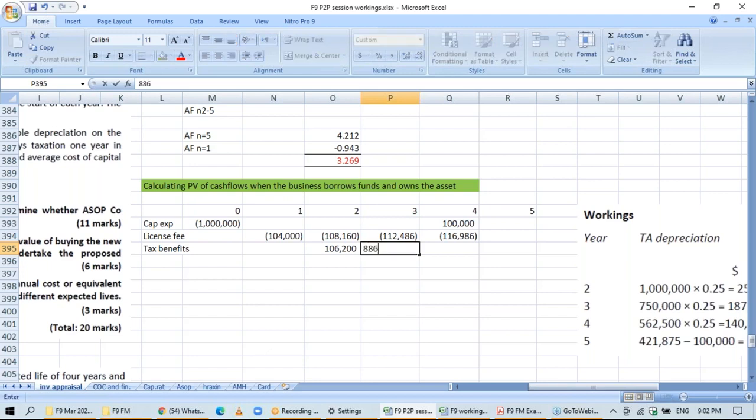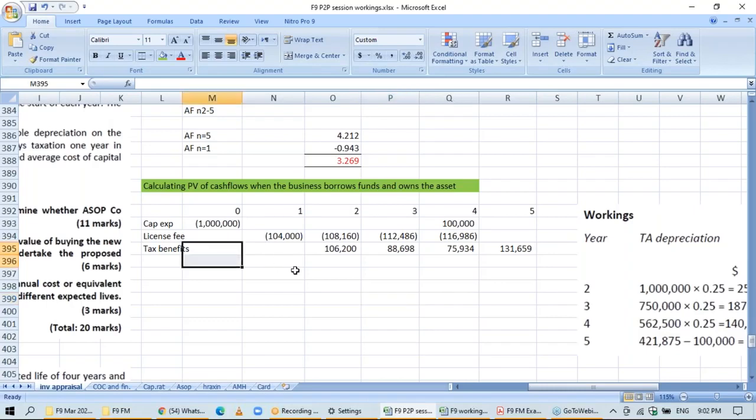So 88,698 in the second year, then 75,934 in the third year, and then 131,659 in the fourth year. In the fourth year means consecutively starting from the second year: second, third, fourth, and fifth year. So these are the tax benefits.